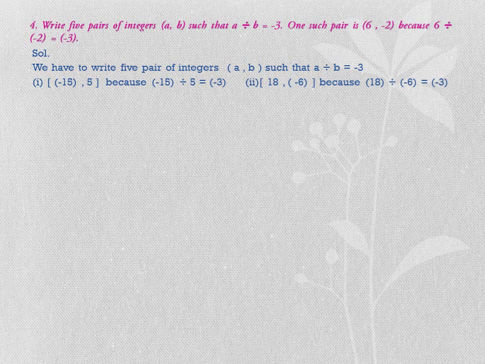Second pair, 18 and negative 6, because 18 divided by negative 6 is negative 3. Similarly, you have to find out 3 more pairs yourself. All of you write it in your notebook.